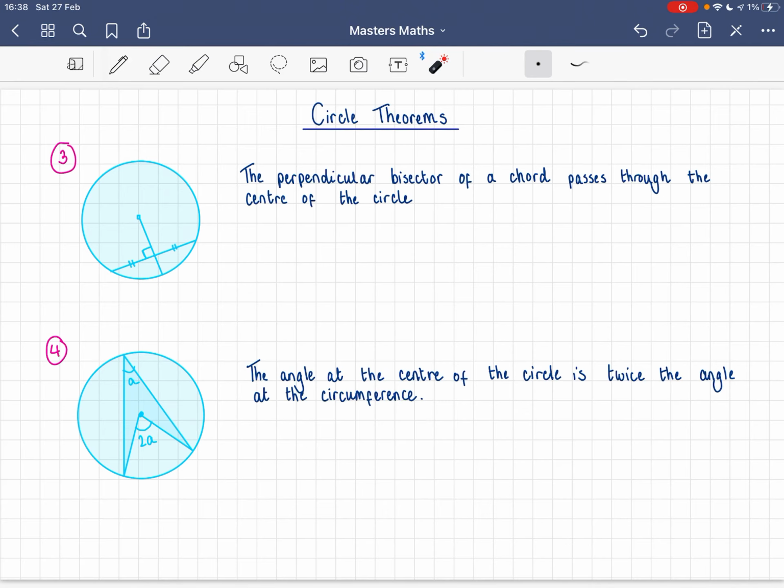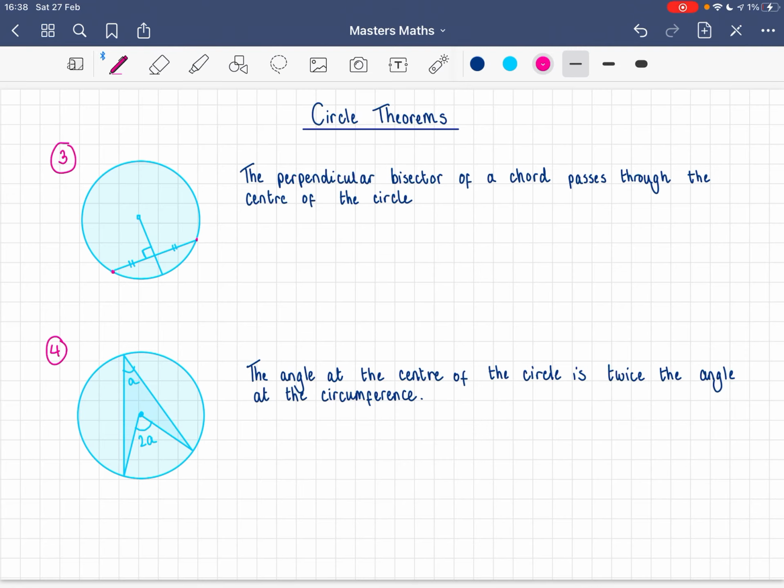The third one we need to know is that the perpendicular bisector of a chord passes through the center of a circle. So here's our chord, this line here. It's a chord because it is meeting the circumference at two places. And if we find the perpendicular bisector of that, now a perpendicular bisector is a line that cuts that chord in half.